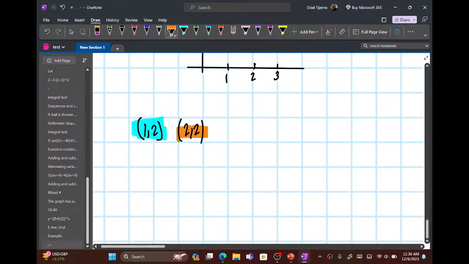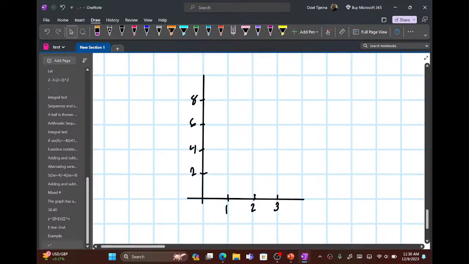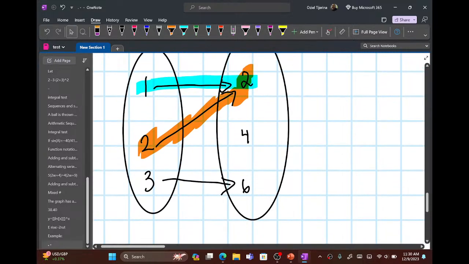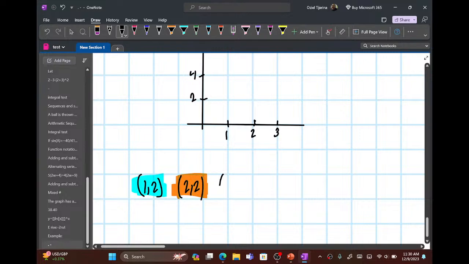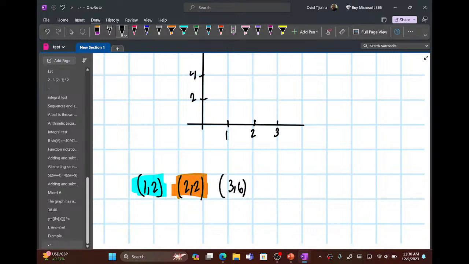We can see that very clearly. And then we also know that there's a 3 paired to 6, so we're going to put this here. If we draw a straight line, we can clearly see that every x is only paired to 1 y.